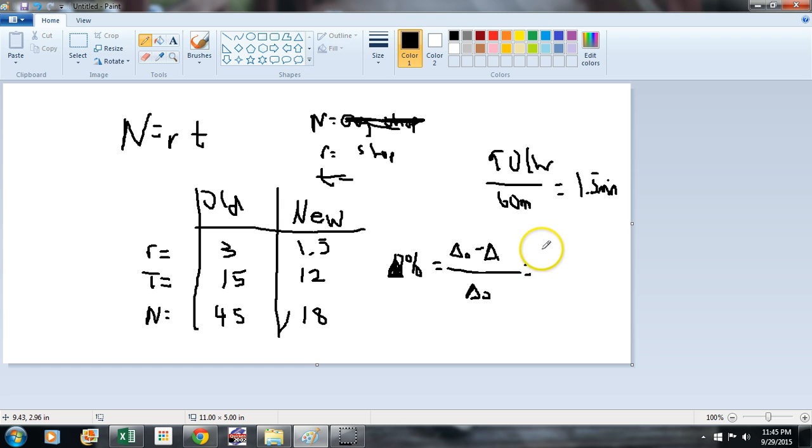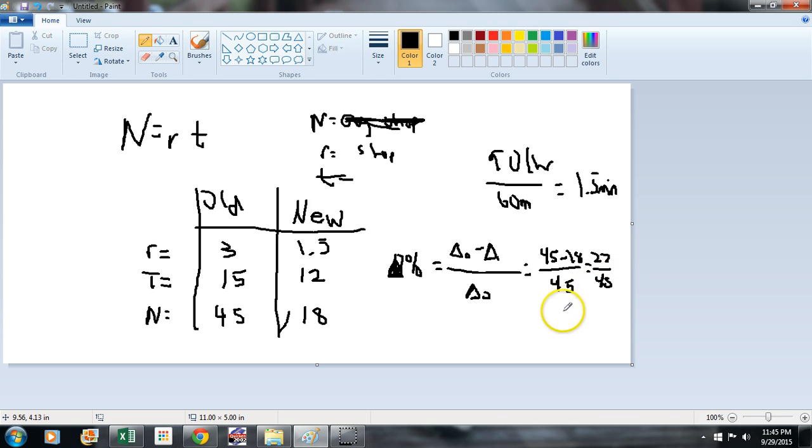So our original is 45, minus 18, divided by 45, and we do this and we get a value of 27 over 45.